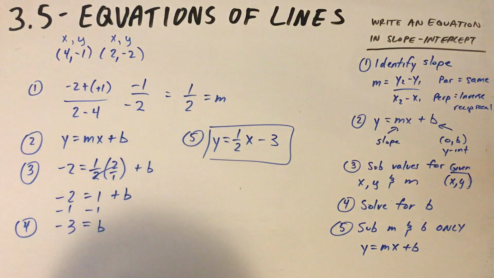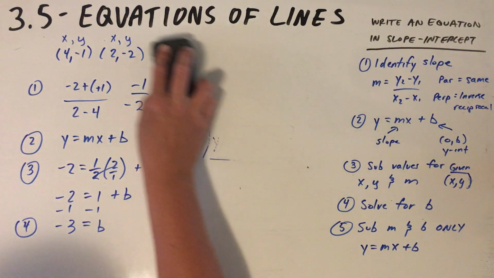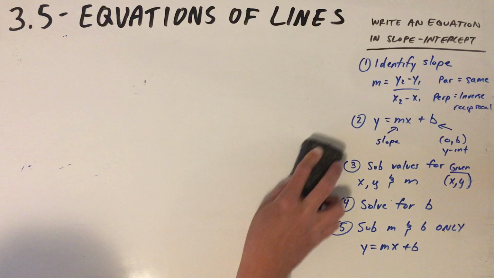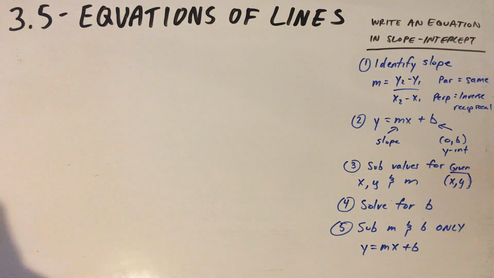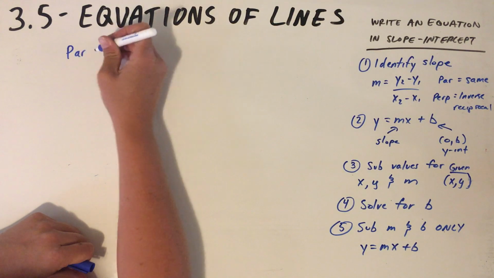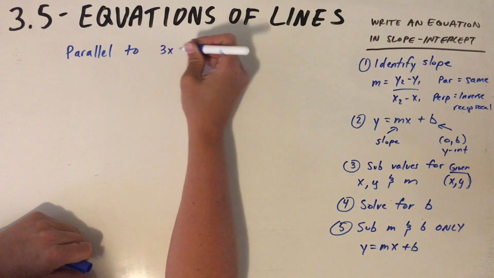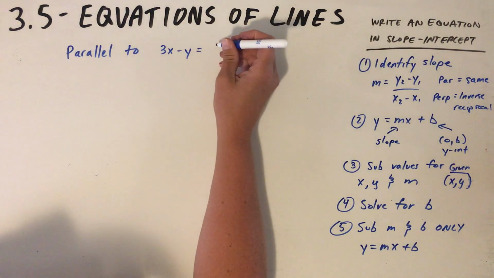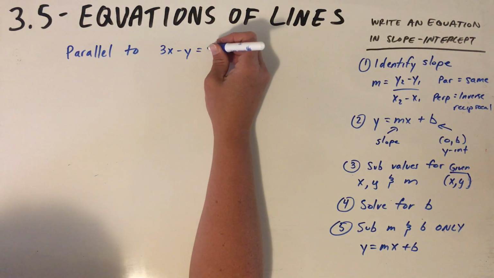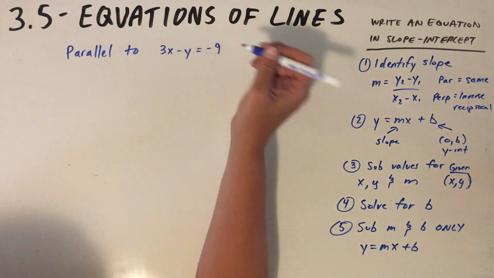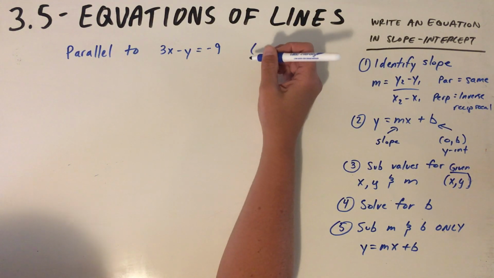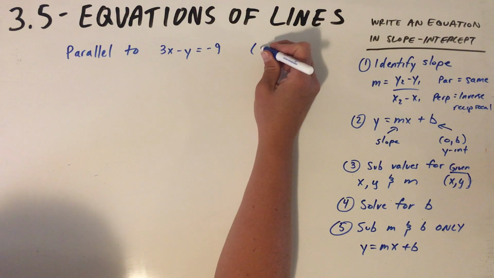Okay, what if I was given instead an equation, and I said, hey, write an equation of a line that is parallel to this line and passes through this point.